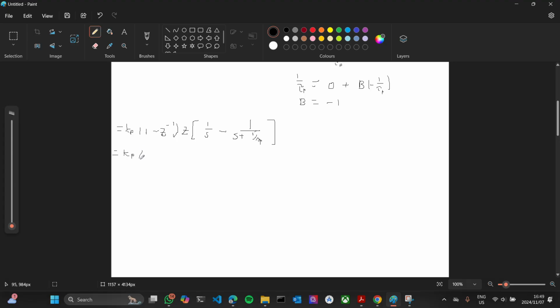So that's equal to Kp times (1 minus z to the negative 1) times (1 over 1 minus z to the negative 1, minus 1 over 1 minus e to the negative T over tau p).